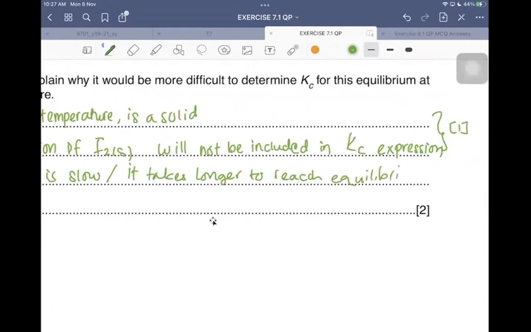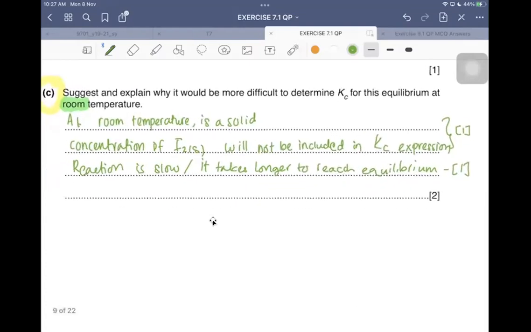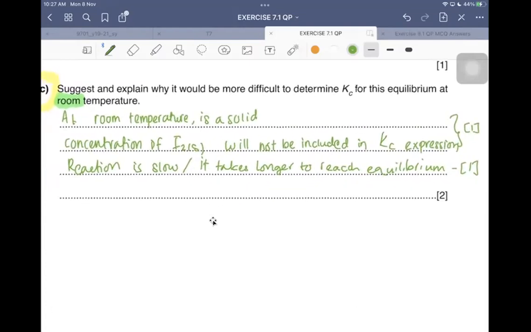Okay, so that's the second mark. So you do not want a reaction to happen at room temperature if normally it happens at a very high temperature, because yes, changing temperature will also affect the rate of the reaction, or the rate at which your system achieves equilibrium.